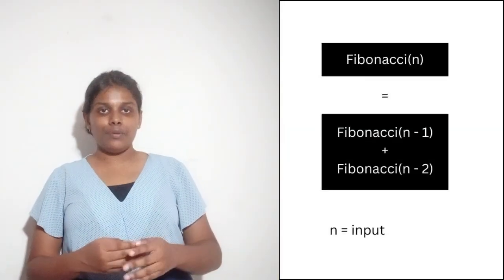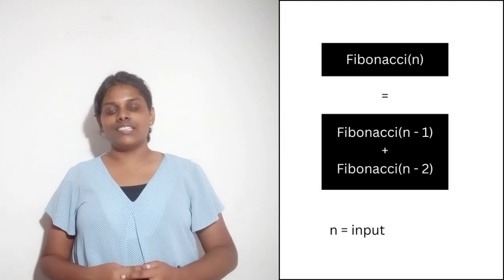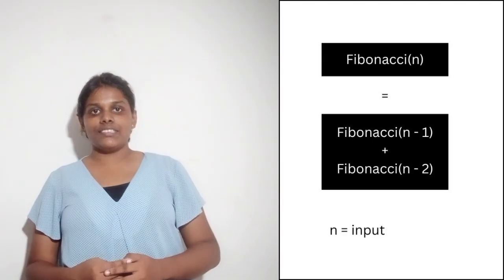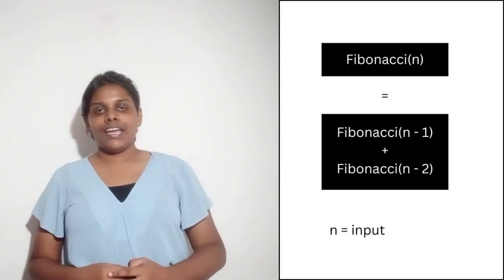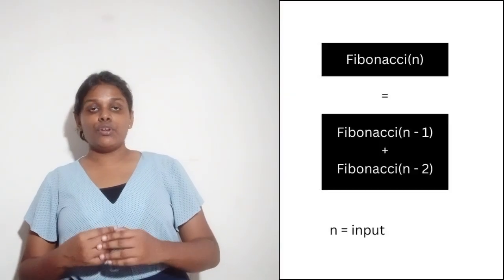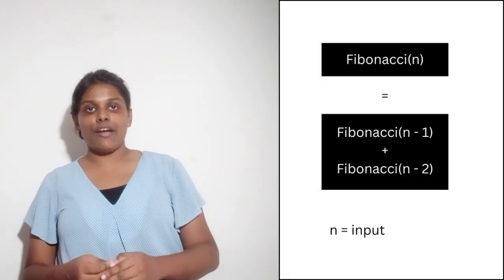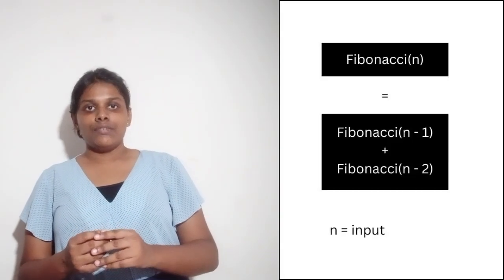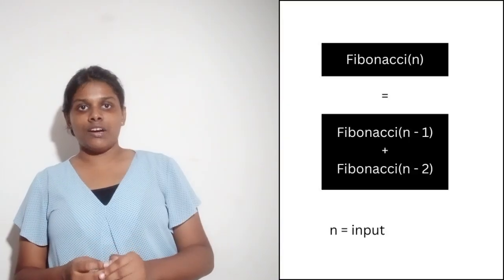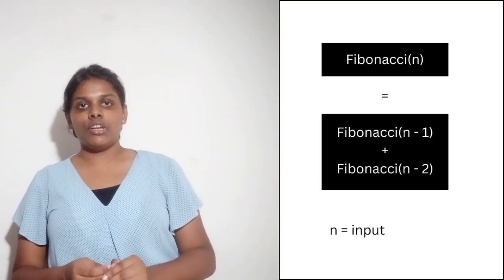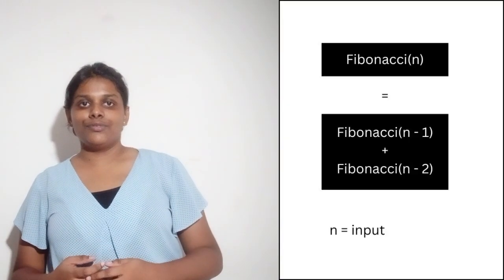Here is the formula for the Fibonacci function. This n represents the input. And here, if we want to find the Fibonacci of the nth element, we have to sum up Fibonacci n minus 1 and Fibonacci n minus 2.